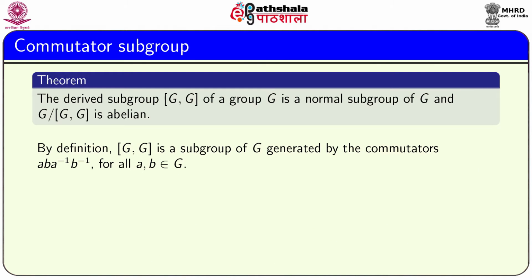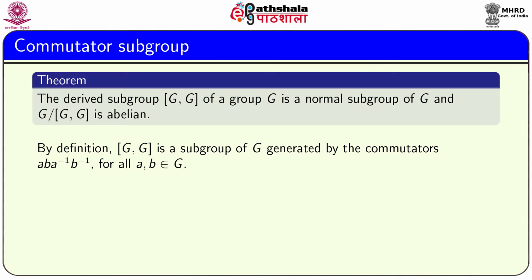In the next theorem, we see that the derived subgroup of a group G is always a normal subgroup of G, and the quotient group G by the commutator subgroup of G is always abelian.